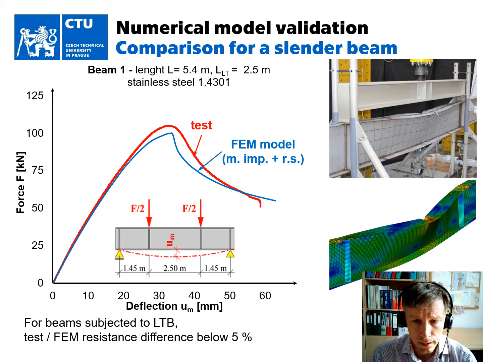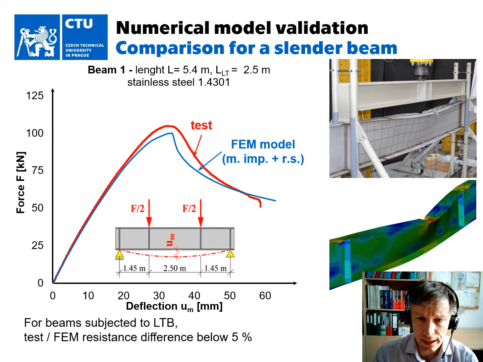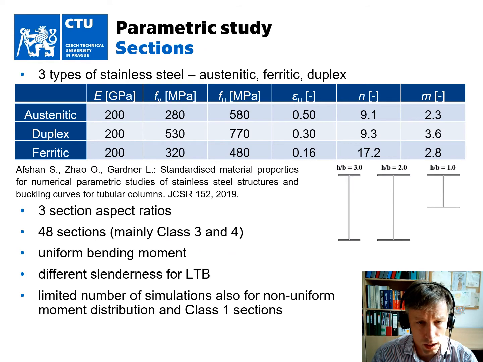The prediction of the failure mode is shown on the right hand side, and the difference between the prediction of the model and the test was, for members subjected to lateral torsional buckling, below 5%. Later, we have extended the results by a parametric study.